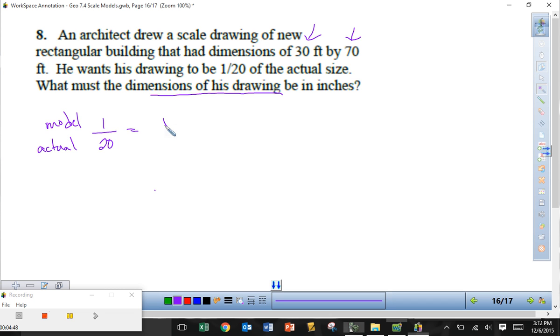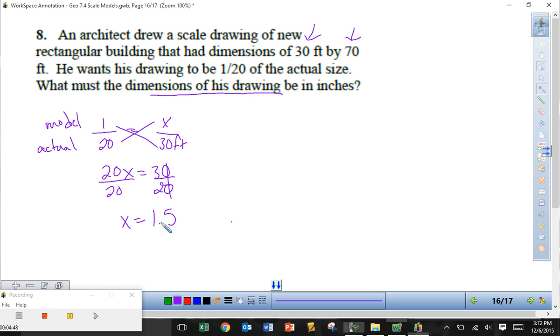How much would this model have to be if I wanted the dimensions to be 30 foot down here? Okay, so again, let's go ahead, cross multiply and divide. We've got 20x equals 30, and then divide by 20 on both sides. So x would be, hack off those extra zeros, 3/2, or really that's the same thing as 1 1/2, or 1.5.